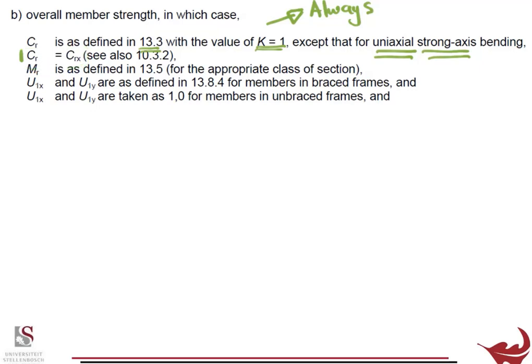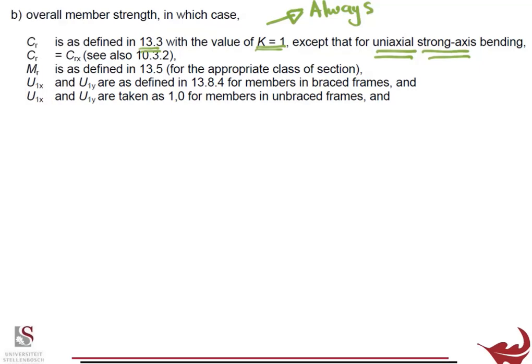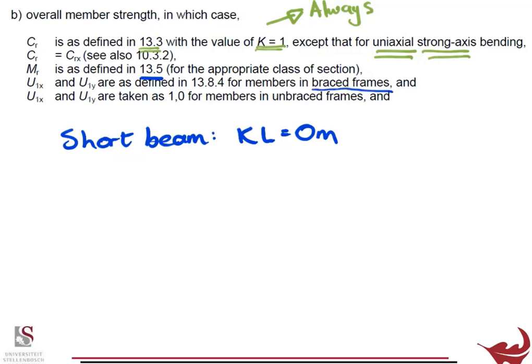Now continuing on. Mr is as defined in 13.5, i.e. short beam. KL is 0. Then continuing on, the factors to account for deflections, U1x and U1y, are as defined in 13.8.4 for members in braced frames, and taken as 1 for unbraced frames.